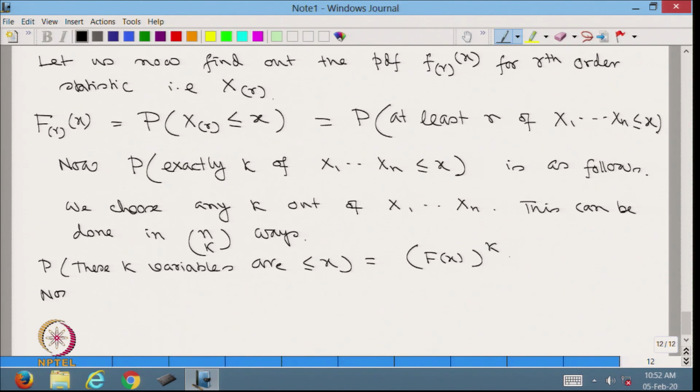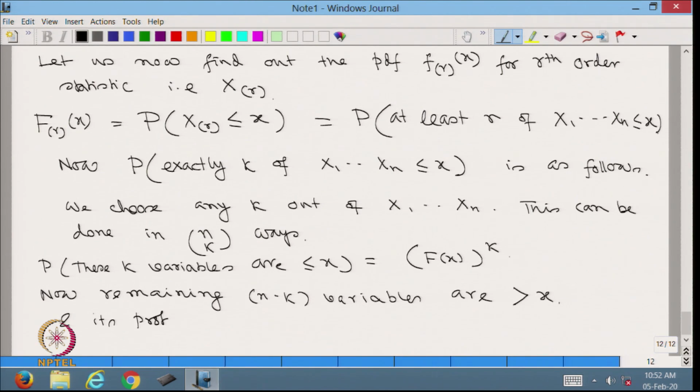Now, the remaining n minus k variables are greater than x and its probability is (1 minus F(x)) to the power n minus k.